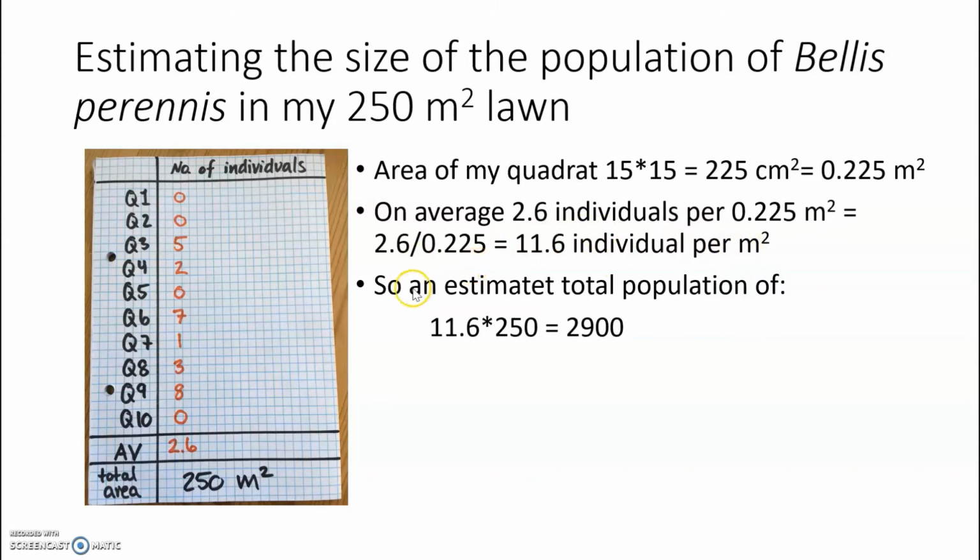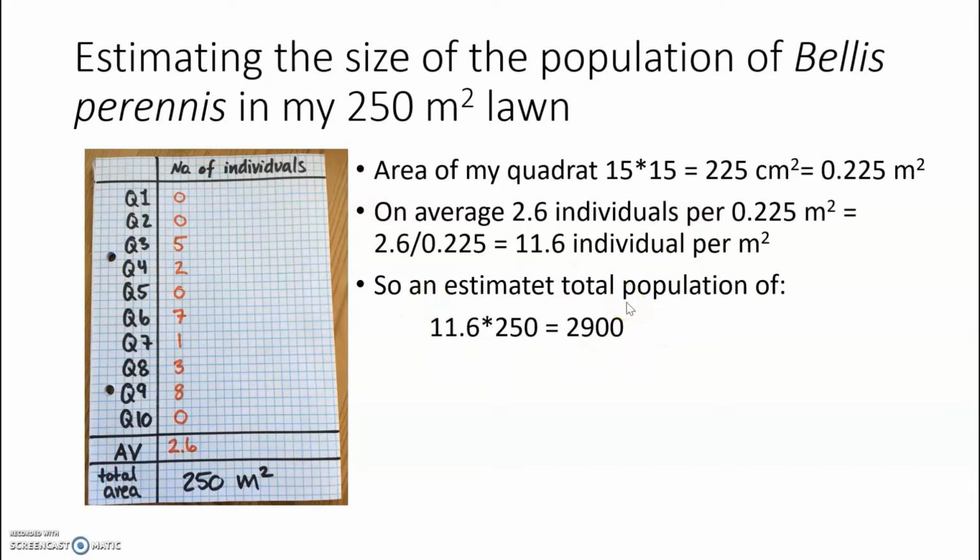So an estimate of the total population of Bellis perennis in my lawn is 11.6, the number of individuals per square meter, times the 250 square meters that I have in my lawn. So that's 2,900 individuals. Again, this is of course an estimate.